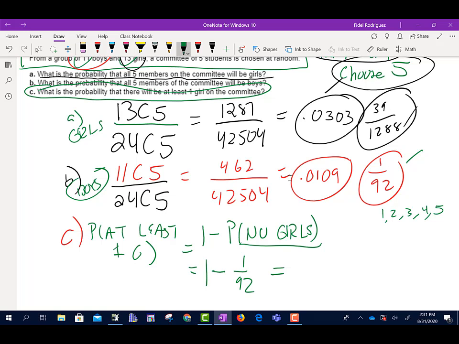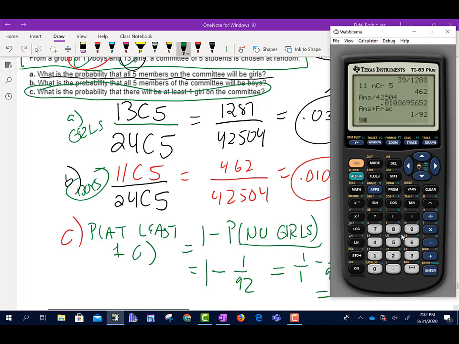Now I'm going to think about that 1 as 1 over 1 minus 1 over 92. 1 over 1 is the same thing as 92 over 92 minus 1 over 92, which would just be 91 over 92. And then if I wanted to convert that to a decimal, I would just say what's 91 divided by 92.